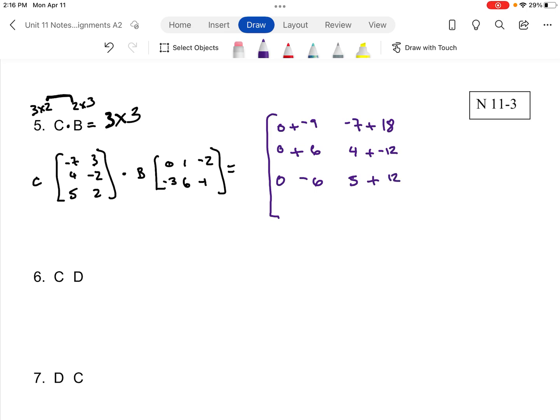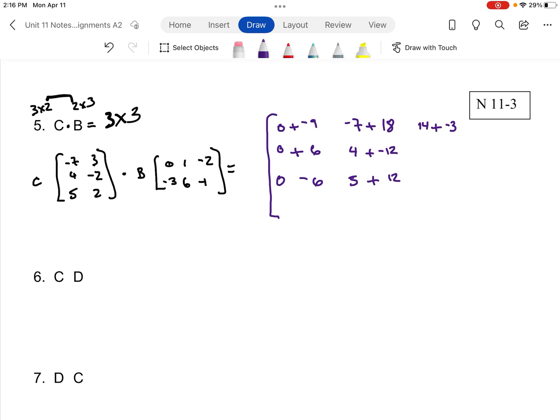Okay. Then I'm going to do first row, third column. Okay, so negative 7 times negative 2 is positive 14. 3 times negative 1 is a negative 3. I'm going to do second row, third column.